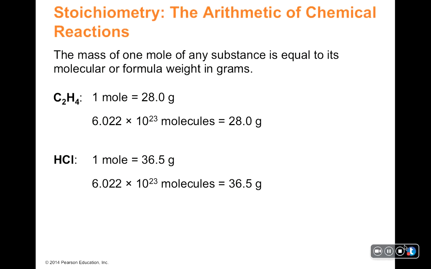You've actually done this type of calculation before too, because we talked about what a formula mass was, and so we know that there's this relationship between a mole of something and the weight of that. And we also know that there's a relationship between a mole of something and the number of molecules or number of atoms, and that being Avogadro's number. So you know these equivalents already, and we'll use them to interconvert as needed, and they will come into play in a lot of the problems that you see in this chapter.